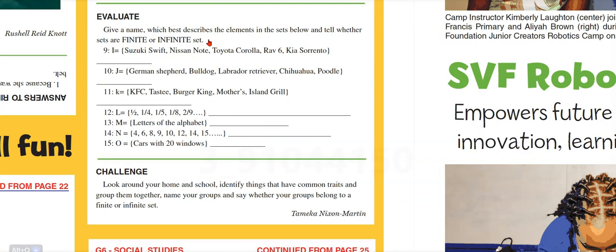Last one now, evaluate. Give a name which best describes the elements in the sets below and tell whether they are finite or infinite. So what is the name for number 9? Suzuki Swift, Nissan Note, Toyota Corolla, RAV4, Kia Sorento.